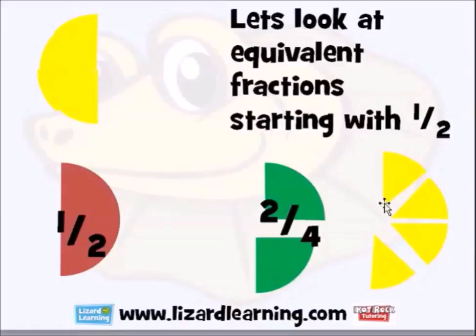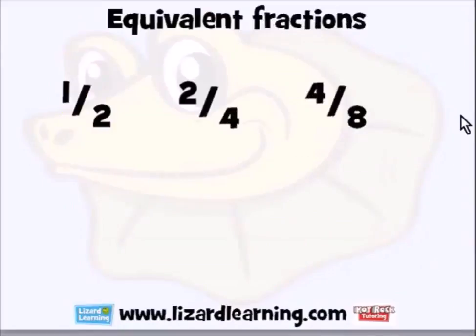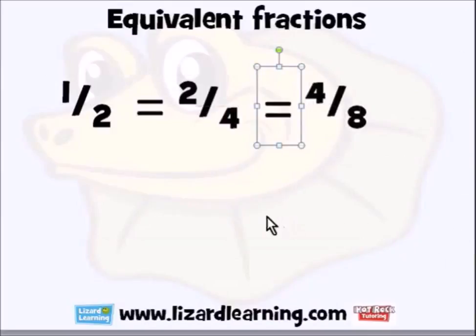How many are there? I divided it up into 8 bits, but I only have 4 of them, 4/8. Right, let's have a look. A half. As we saw, a half is the same as 2/4, which is the same as 4/8.